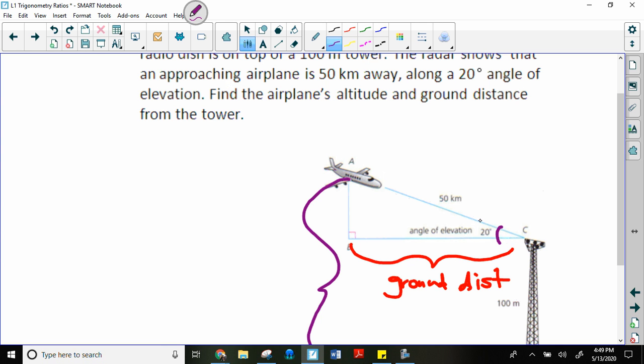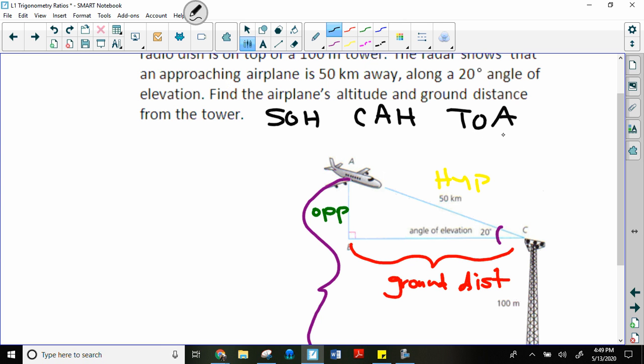Label the triangle. This is the hypotenuse. I am going to be looking for the opposite side. So in order to use opposite and hypotenuse, that's sine. SOH CAH TOA: opposite over hypotenuse, adjacent over hypotenuse, opposite over adjacent. I have to use sine.